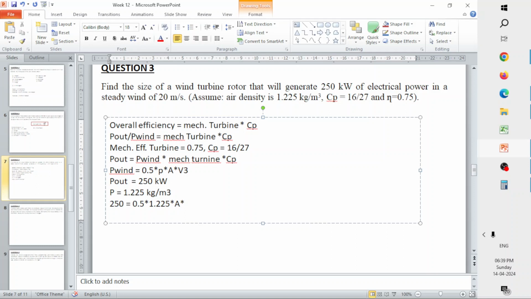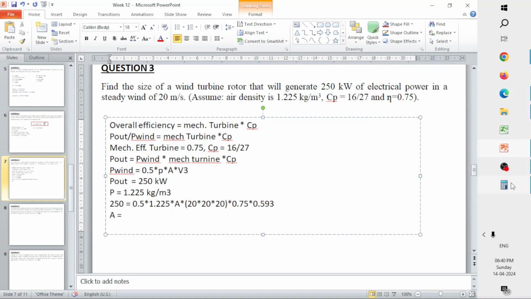V is the velocity of the wind, which is given as 20, cubed. This is times the mechanical efficiency of the turbine 0.75, and the Cp value, which is 16 by 27, or let me take it as 0.593. So from here you will calculate the area.